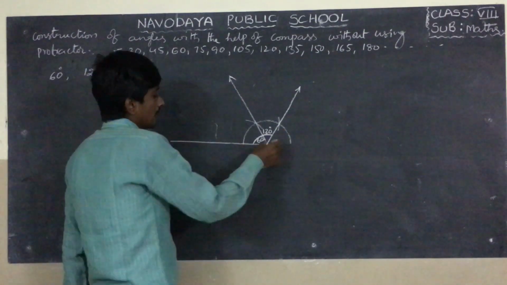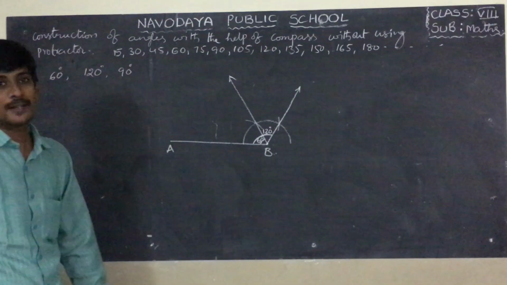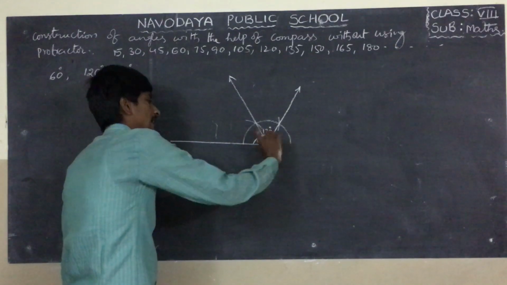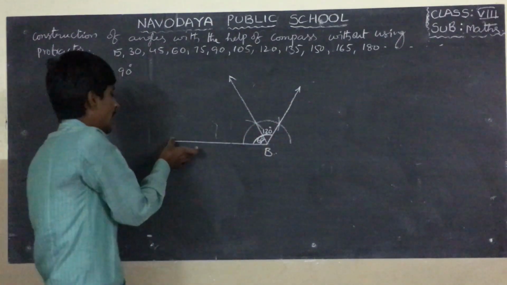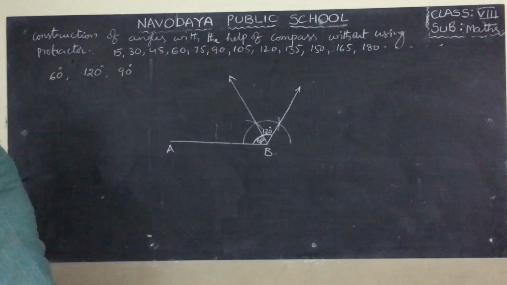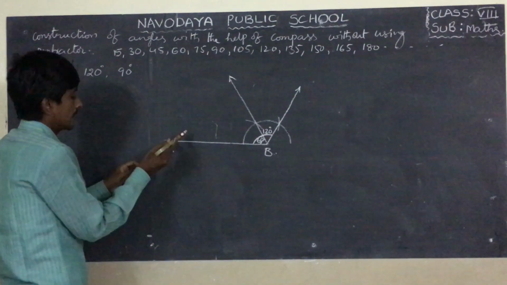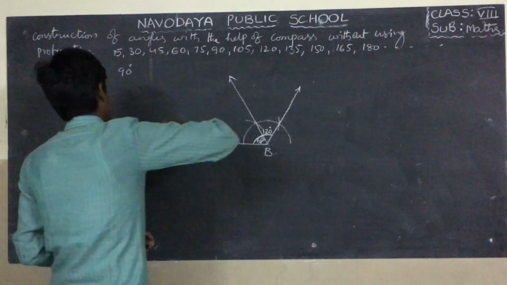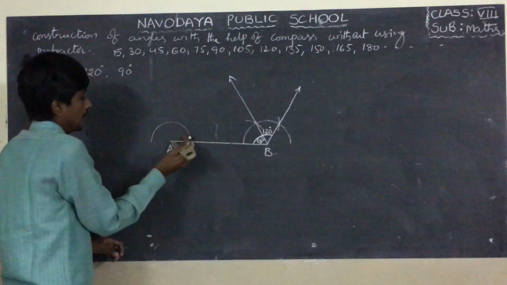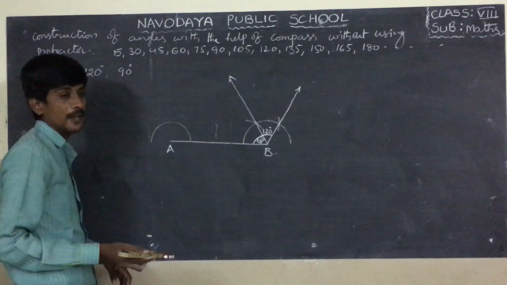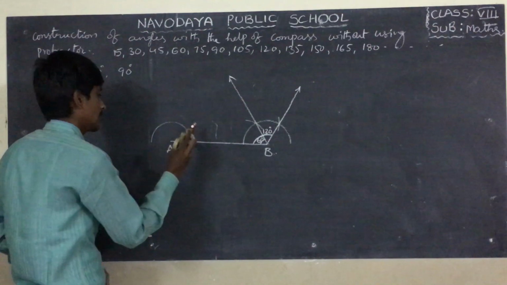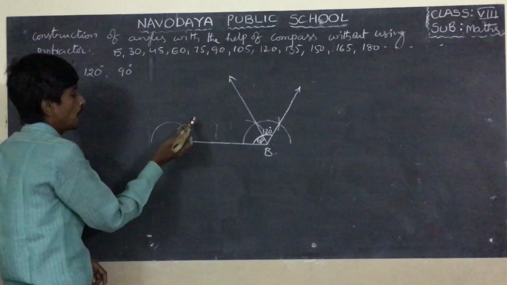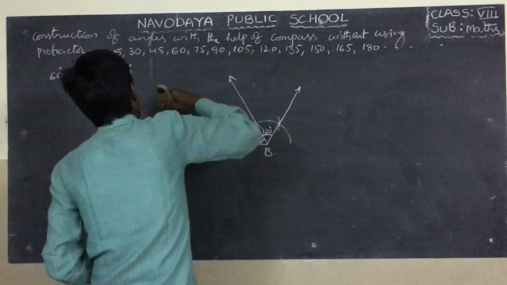So, first draw a line segment. Take some radius, with B as center, draw an arc. With the same radius, draw two arcs intersecting the first arc at two points, like this.